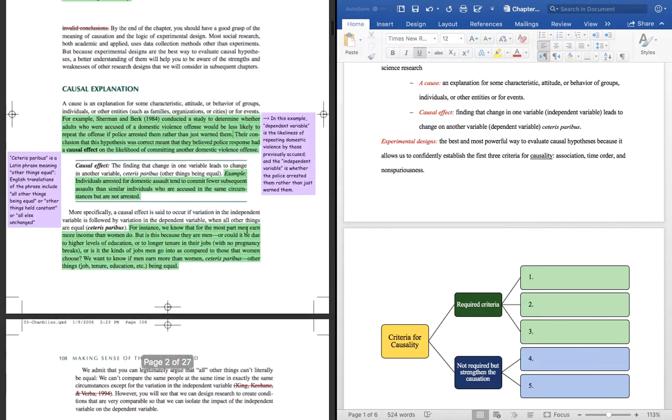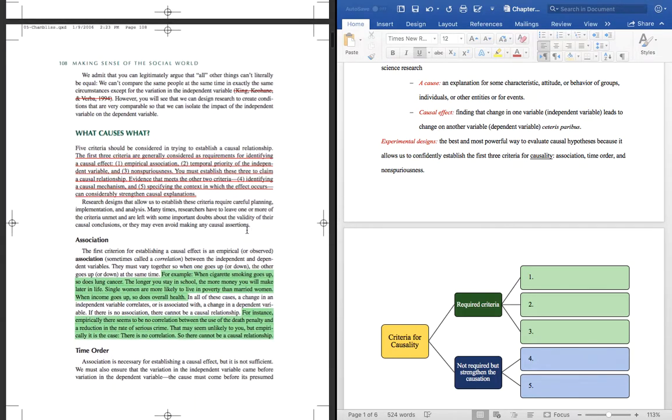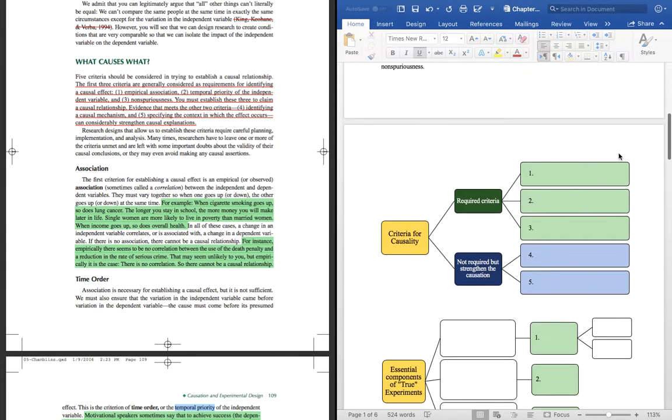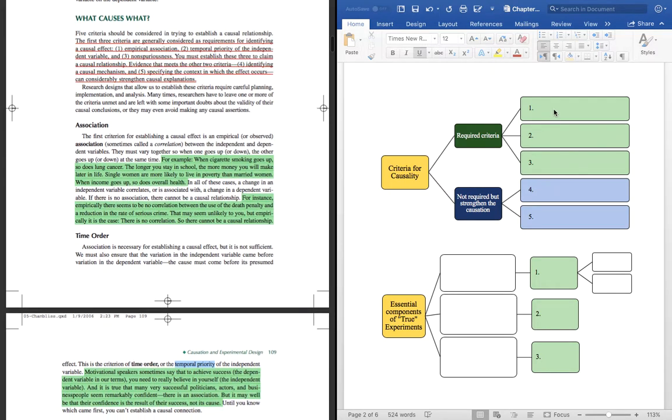Okay, so the next section of this article is going to give us the criteria that we need to meet in order to be able to draw causal relationships between two variables. So the criteria for causality are listed here in this article.